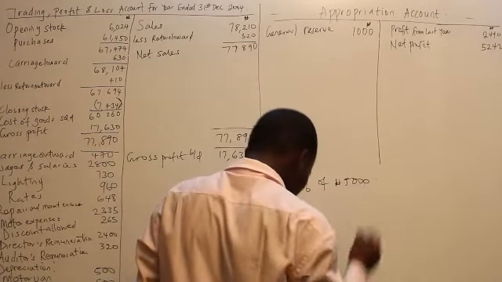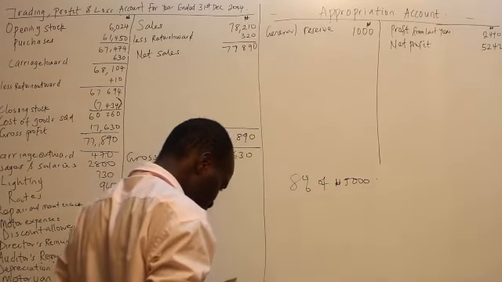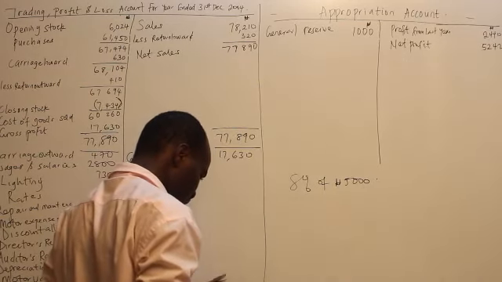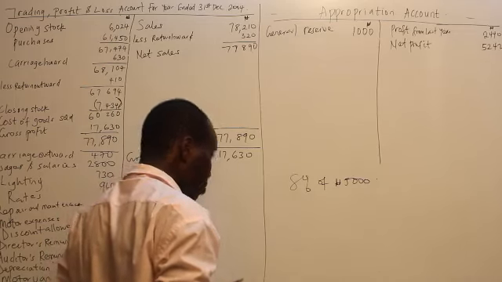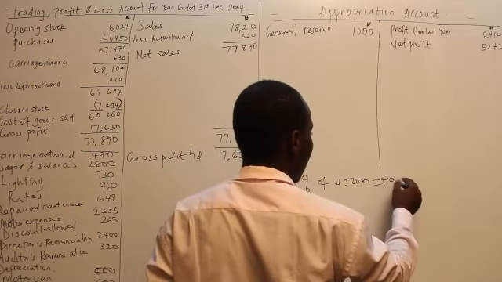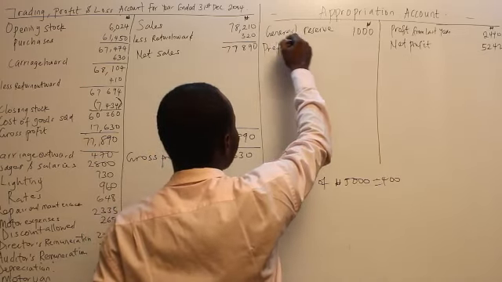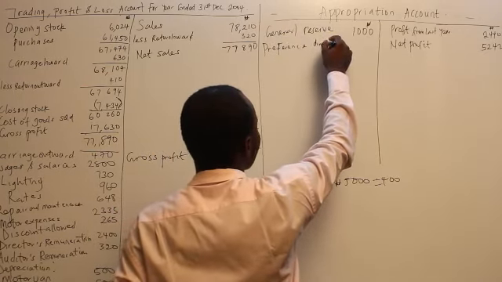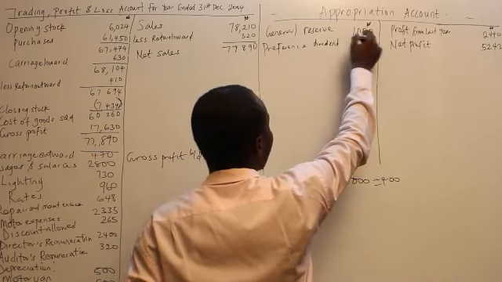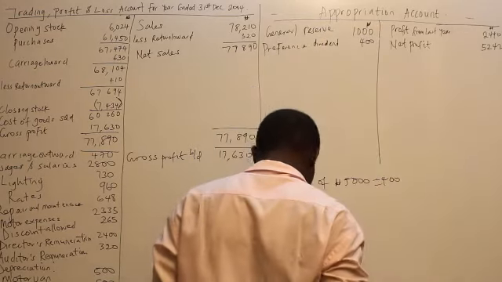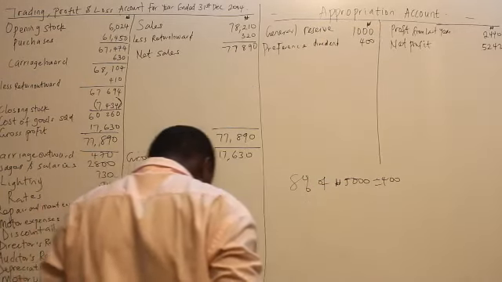That will be the total amount of dividends to be declared on the shares. That will be 0.08 times 5,000 naira. So we have 400 naira as preference dividends.